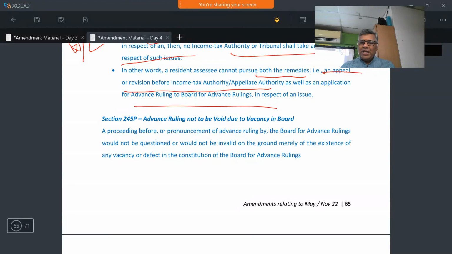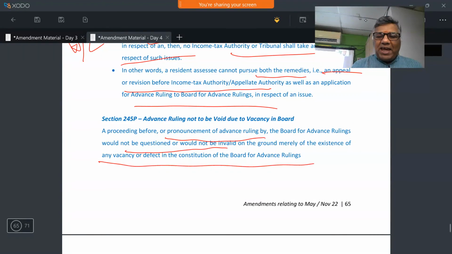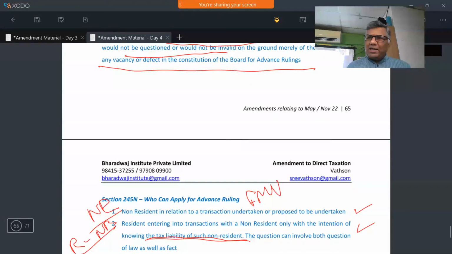A proceeding or pronouncement by the advance ruling authority will not be questioned or invalid merely because there exists any vacancy or defect in the board. That is indoor management, leave it to us.